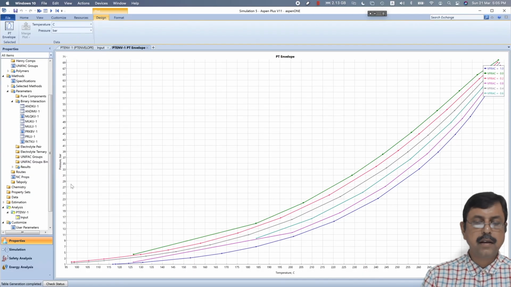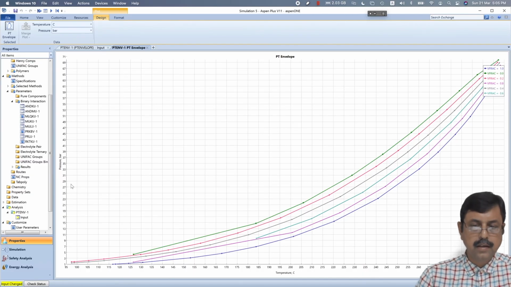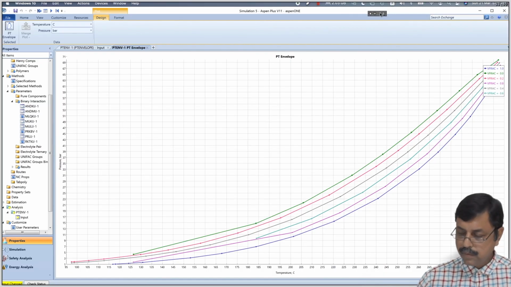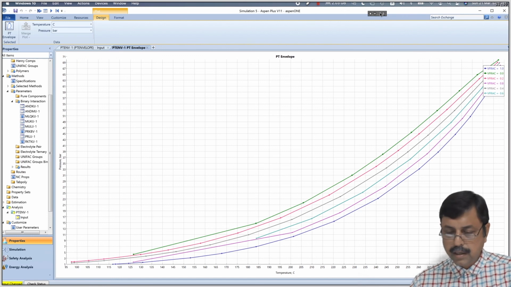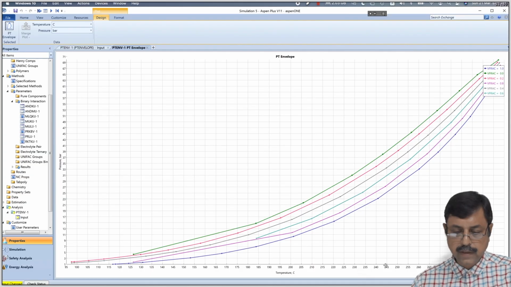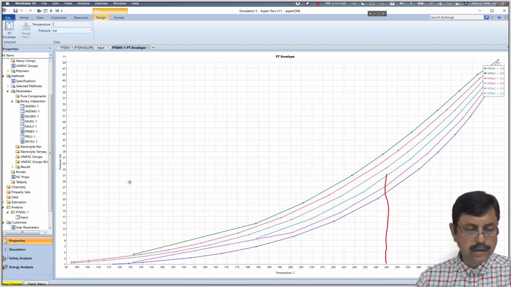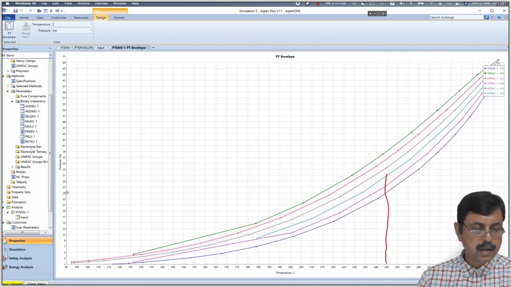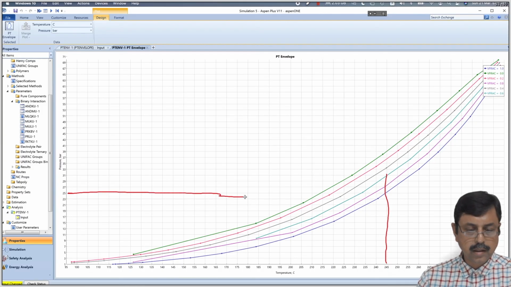Now the curves are a bit different. Okay. So let us analyze this curve. Now, what is the condition? It is 245. So 245 is here, this line. And what is 25? 25 bar pressure, it is this line. So this is the point.